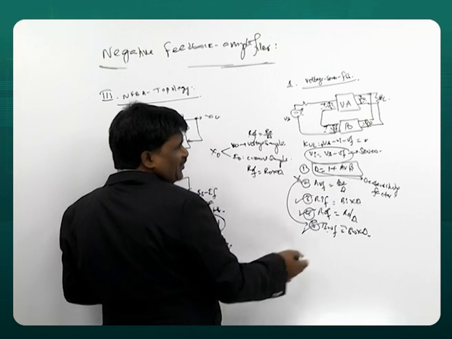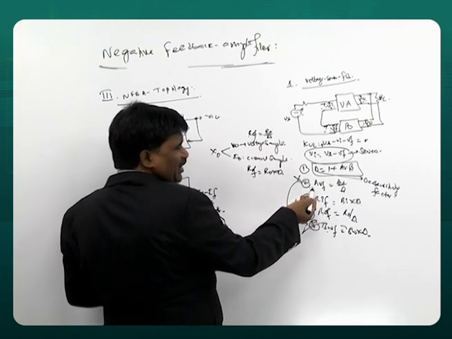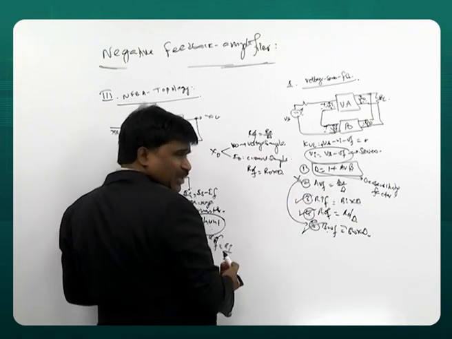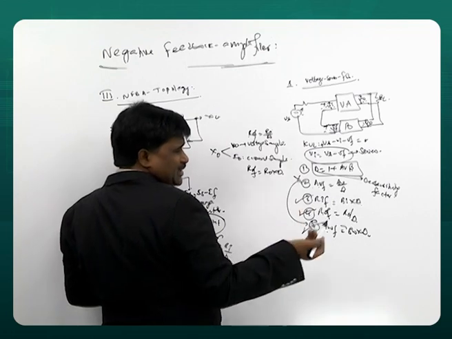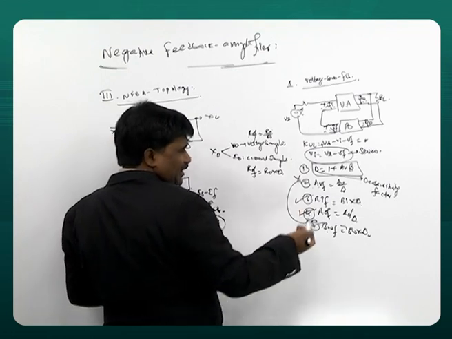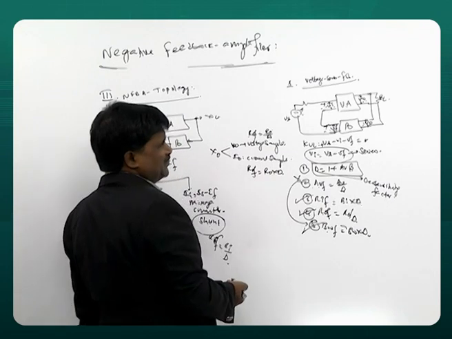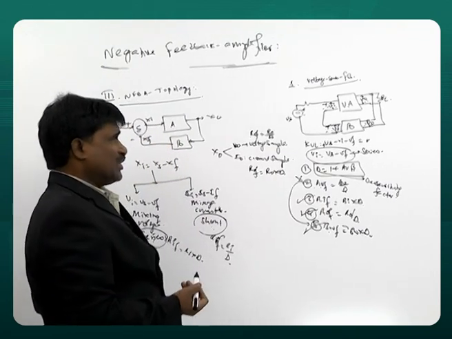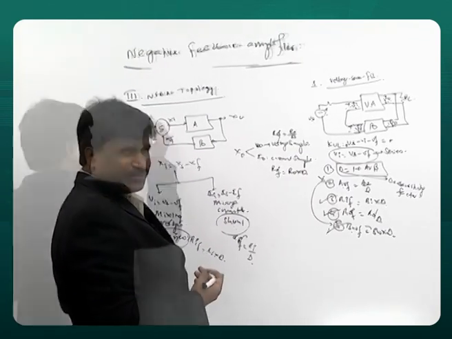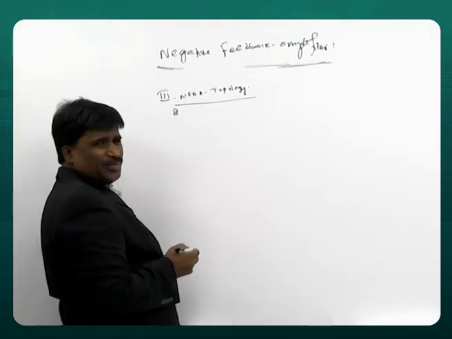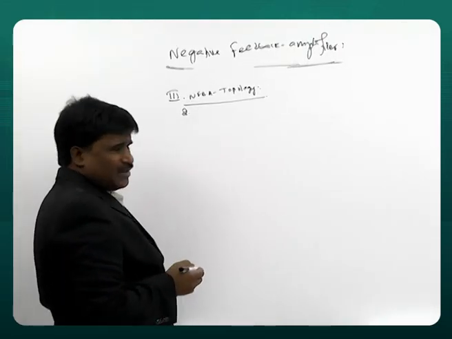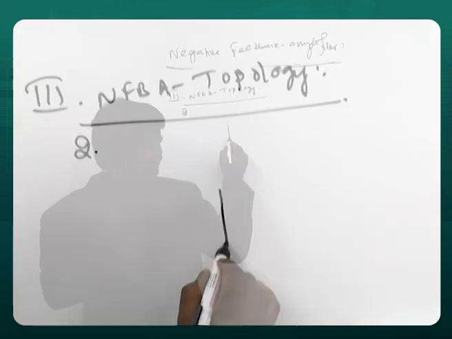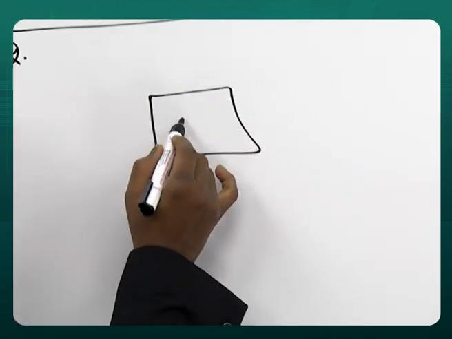You are able to get everything, but with the drawback of decreased gain. No problem. More gain unstable is not good. Less gain stable is good. That's called voltage series feedback. Let us go to the second topology. I'll give you the amplifier, you think of the arrangement.